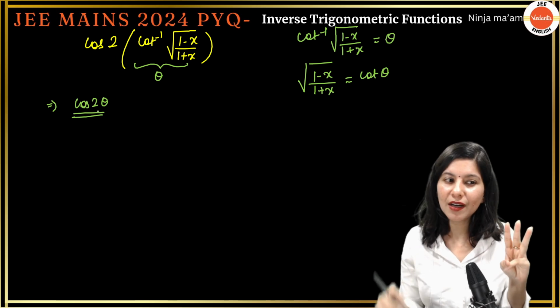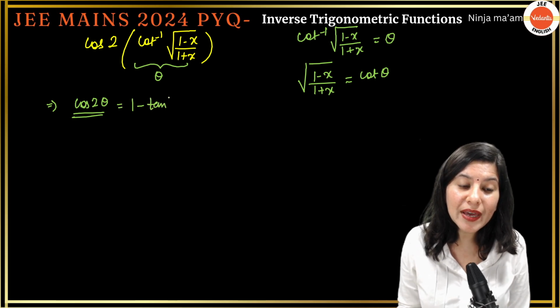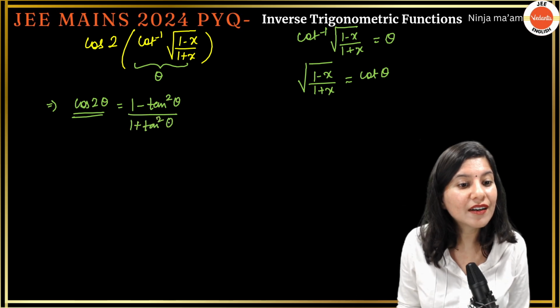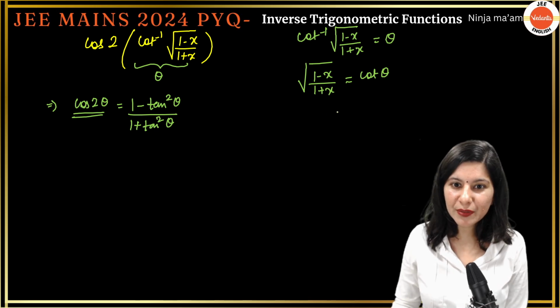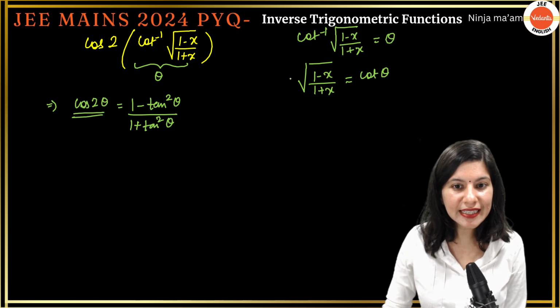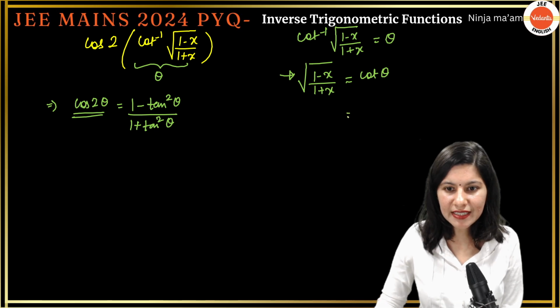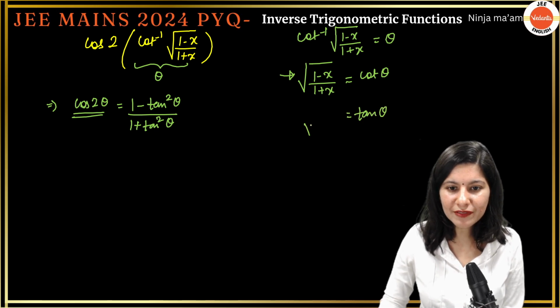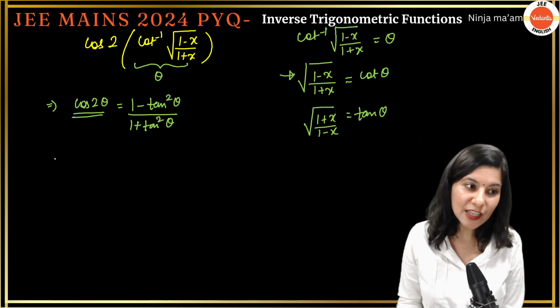The third formula, which is 1 minus tan square theta upon 1 plus tan square theta will be in our favor. Yes. So what we are going to do is, let's convert this in tan theta. Very easy. Cot theta is this, then tan theta will be the reciprocal of this. So 1 plus x upon 1 minus x. Right? This is your tan theta. So why not we plug in this value over here?